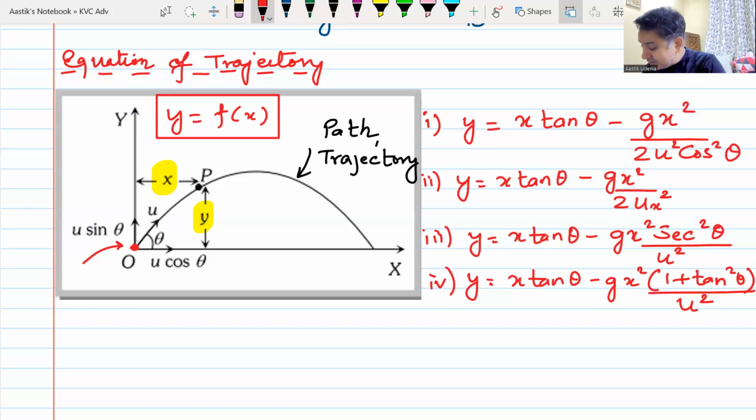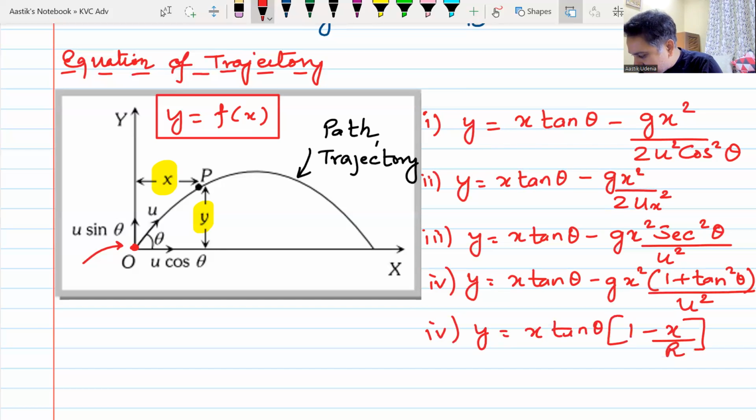I can also write it in this form, and this form may help us in problems which are very tricky. Again, I will not tell you how it is derived. Just remember it, it is just manipulation. y is equal to x tan theta into 1 minus x by R, where R represents the horizontal range.